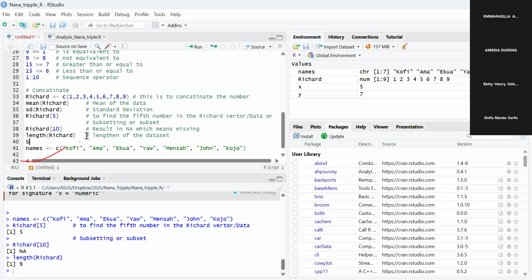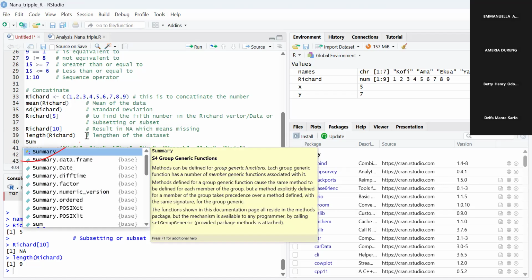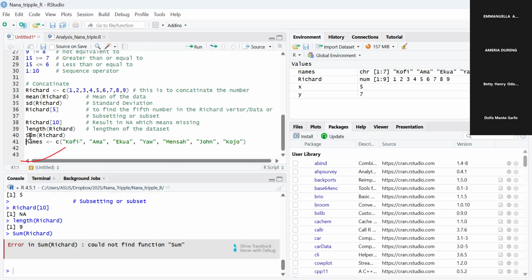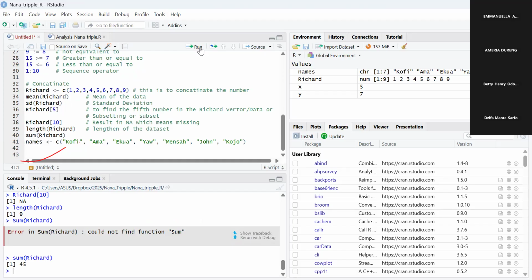We can sum the data. Sum Richard. And please remember, R is very particular about how you type it. If I use caps instead of small letter, it gives me an error. So I have to come back and use small letter, and then it gives me the result.